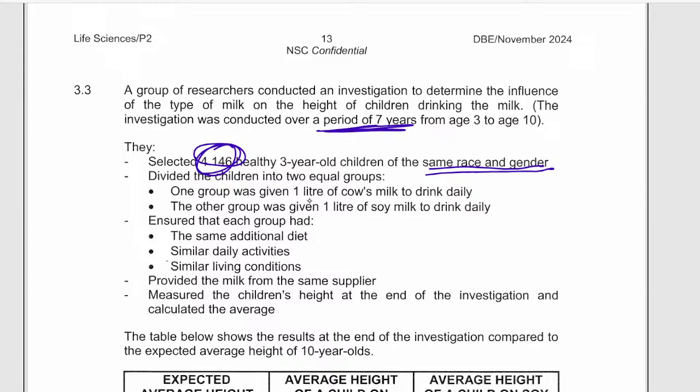One group was given 1 liter of milk to drink daily. Another was given 1 liter of soy milk to drink daily. Ensure that each group has the same additional diet, similar daily activities, similar living conditions.